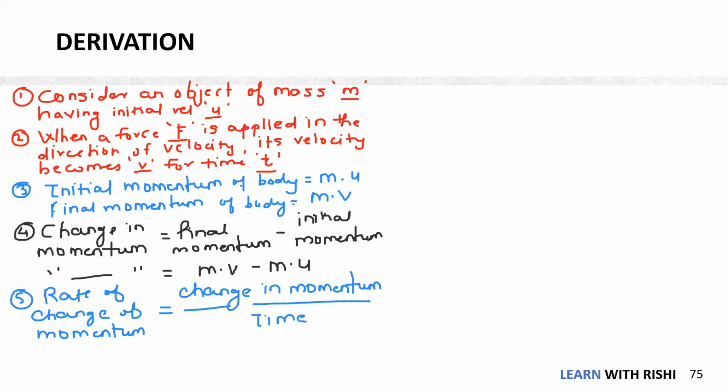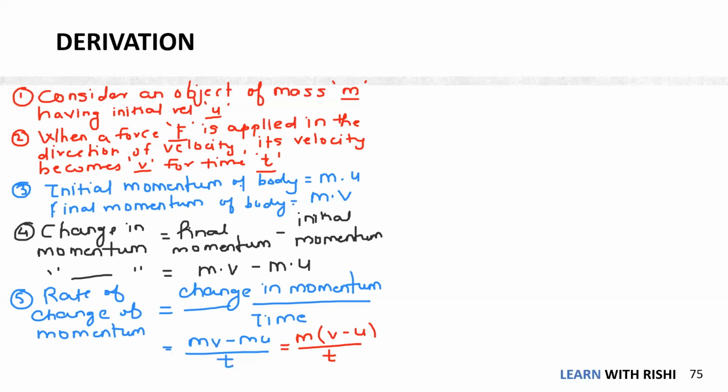Now we have already found the change in momentum. So change in momentum is mv minus mu and time is t. So this will be my equation. If I simplify it further, what will I get? m common, (v minus u) upon t. So I am getting m into (v minus u) upon t as rate of change of momentum. Let us go write the further steps.